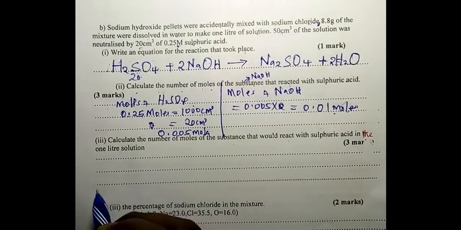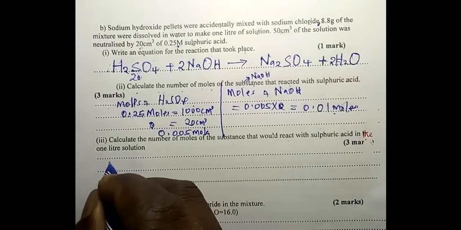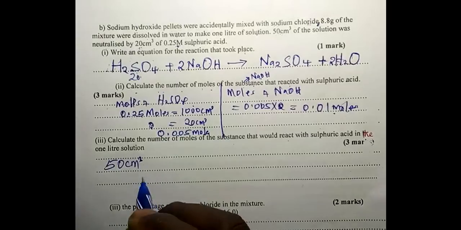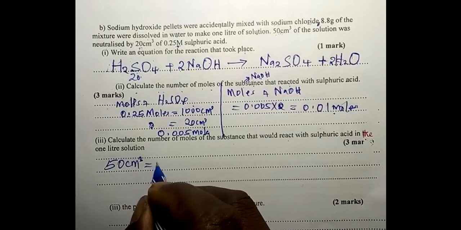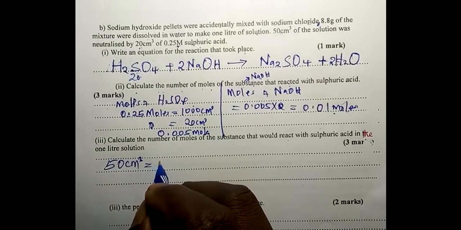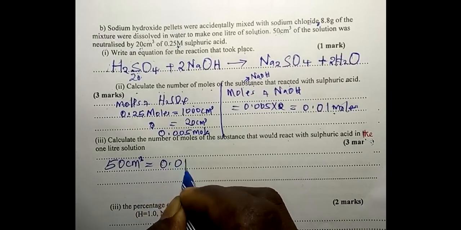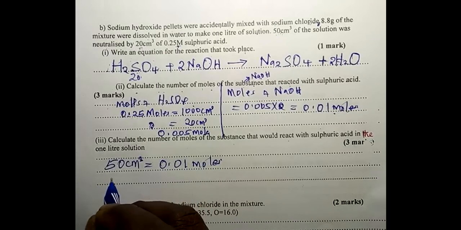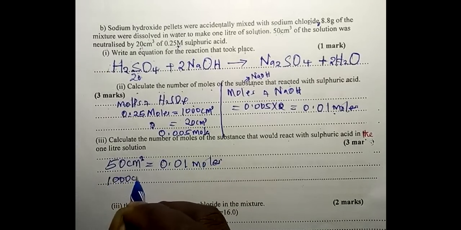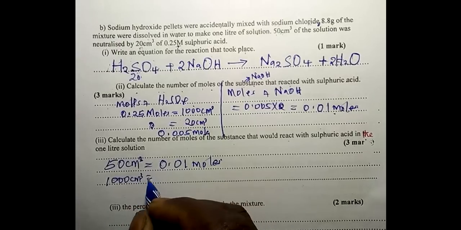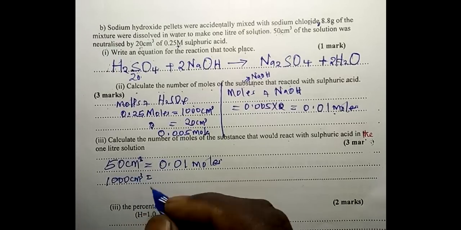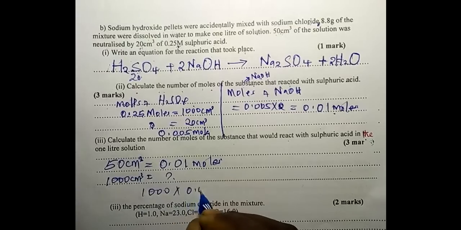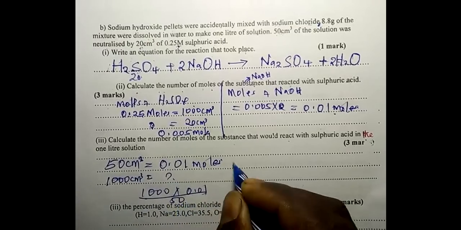So we ask that the 50 centimeters cube we got of the mixture contains 0.01 moles. You will simply ask: 1,000 centimeters cube of that sodium hydroxide would contain how many moles? 1,000 times 0.01 divided by 50.